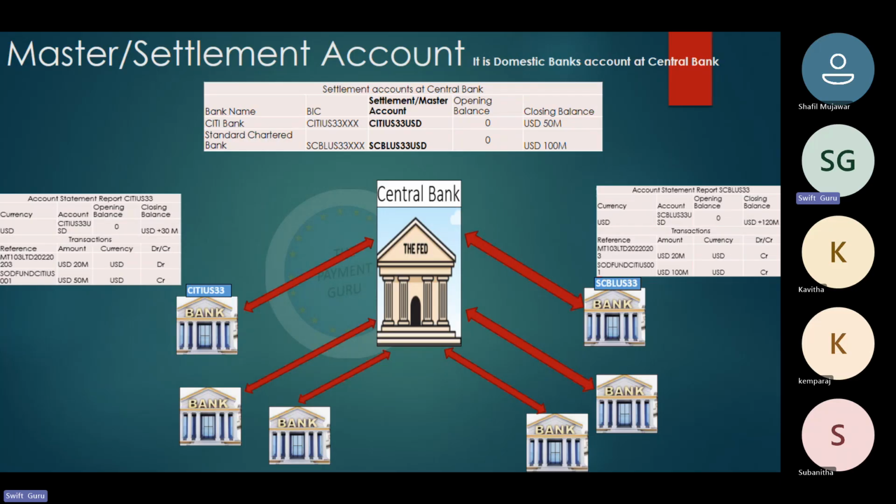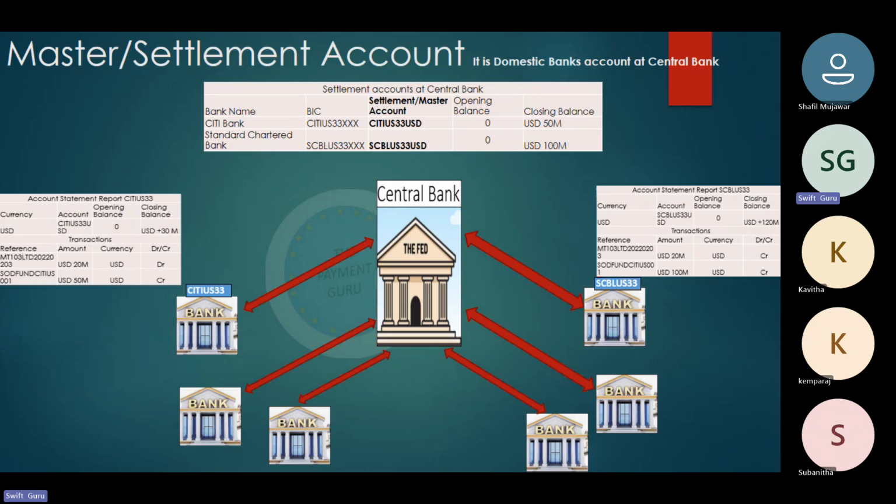So master account or the settlement account, the same account, basically, is an account of a local bank at the central bank. So a bank will say, I have a settlement account held at the central bank for the Fedwire payment system, for CHIPS or whatever. They have different payment systems available.